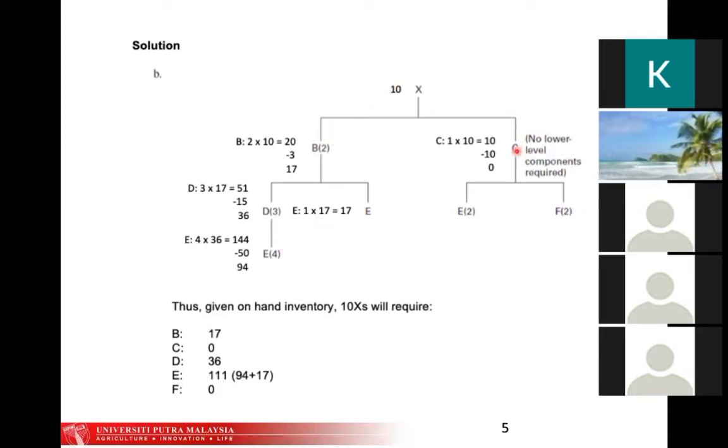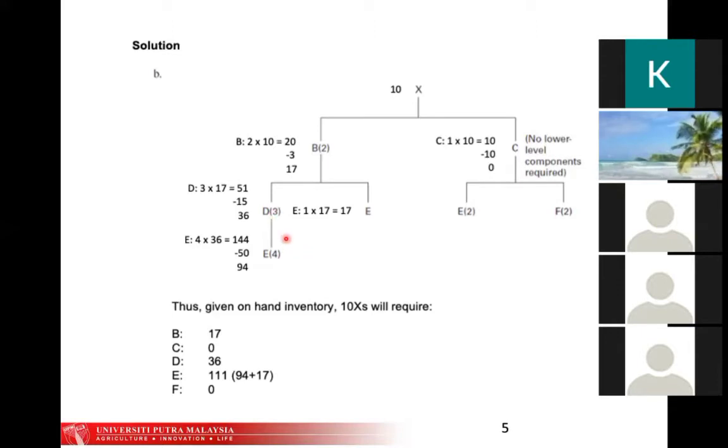On the left side, each B requires 3D and 1E. On the right side, each C requires 2E and 2F. And for level 3, each D requires 4E.